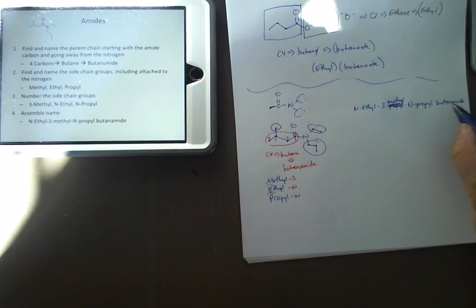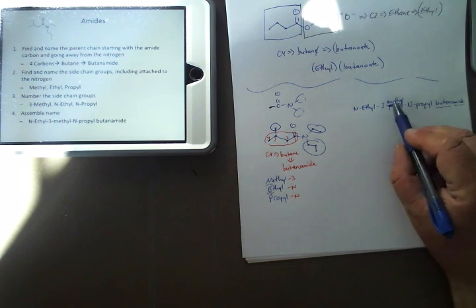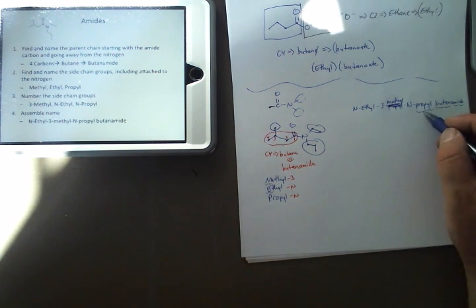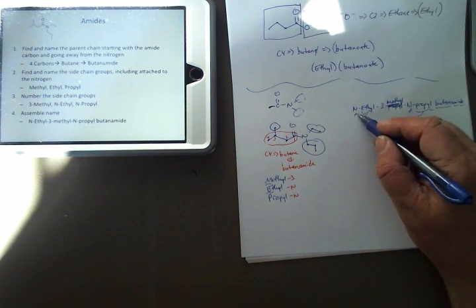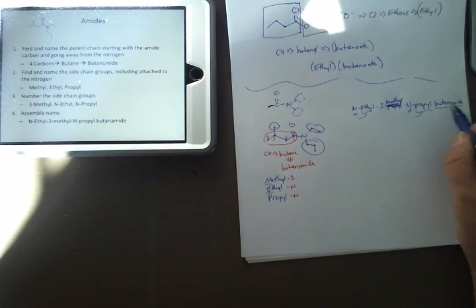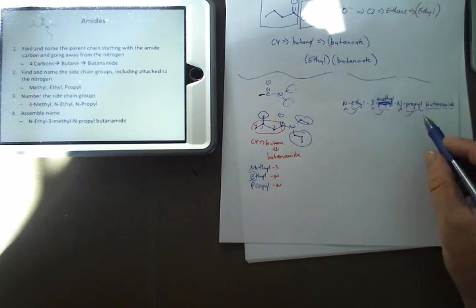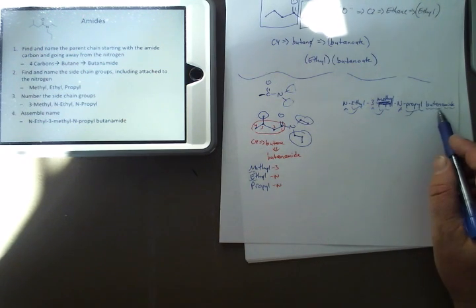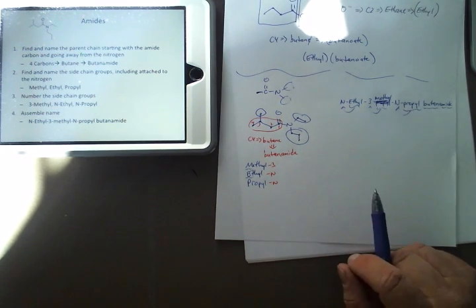We have a main chain that's 4 long, and it has an amide in it. Then you've got three different functional groups. The propyl and the ethyl are hanging off of that nitrogen of the amide. This methyl is hanging off of carbon 3 of the main chain. So there you go.